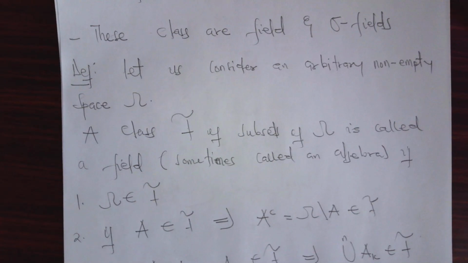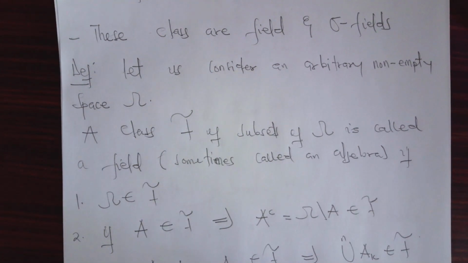So F is closed under complementation. 3, for any finite subsets, A1, A2 through AN that belong to F, the union should also belong to F.